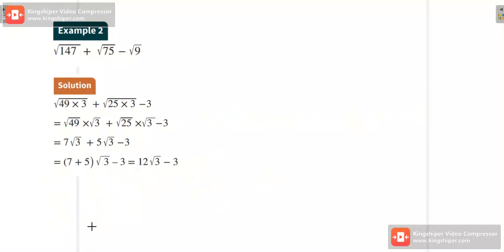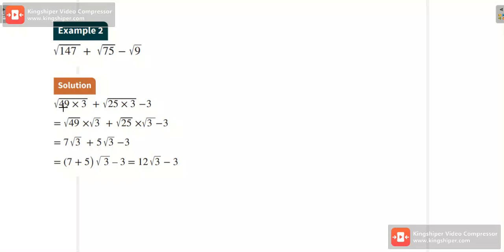Now example 2. We have root of 147 plus root of 75 minus root of 9. Let's take 147. You have to look for a perfect square multiplying another number to give us 147. You can try with your calculator.